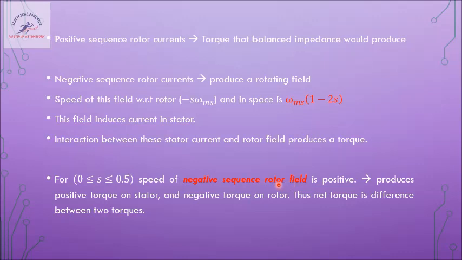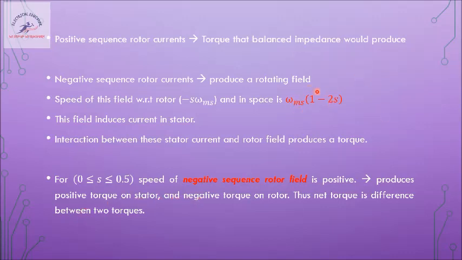Even though it is a negative sequence rotor field, if the slip value is between 0 and 0.5, this speed will be positive. If the speed is positive, that is the directional convention, it produces a torque on the stator.